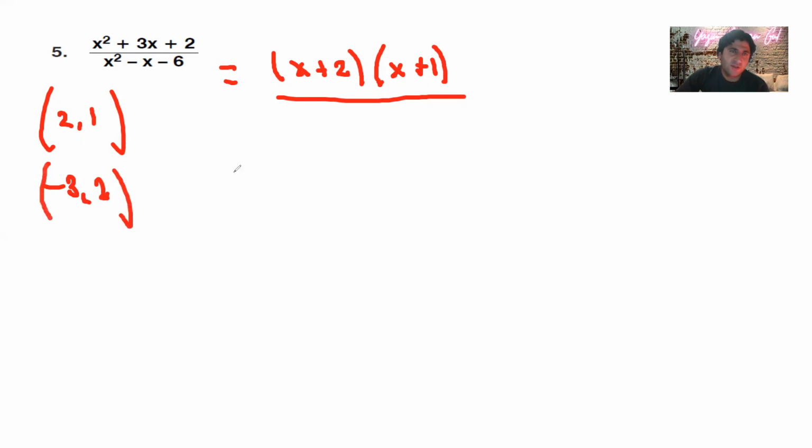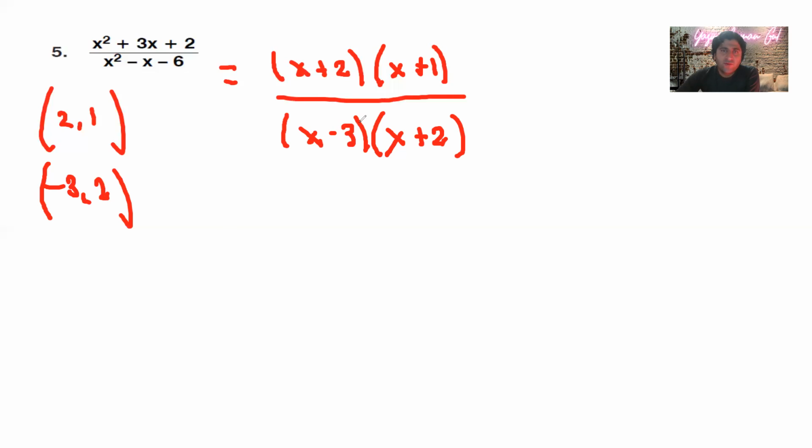Why negative 3 and 2? Because negative 3 times 2 will be negative 6, negative 3 plus 2 will be negative 1, and that's what I'm looking for. There is going to be x minus 3 times x plus 2.